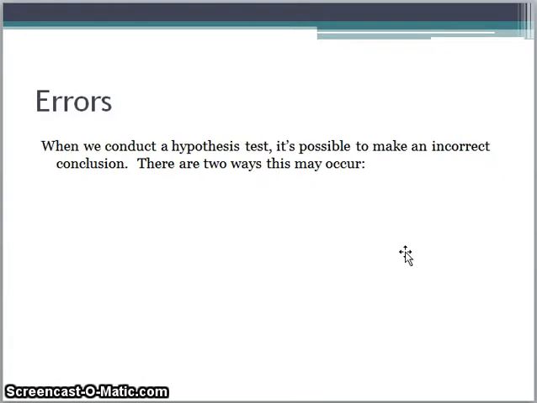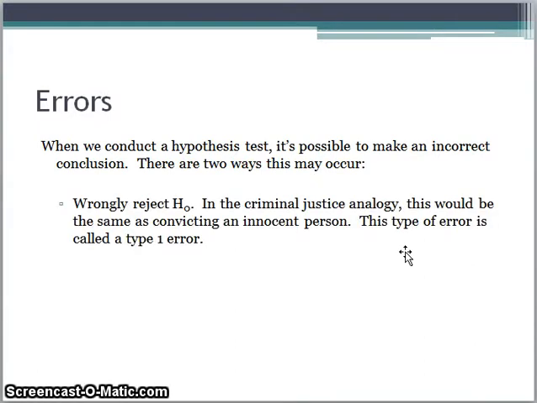Let's talk briefly about some errors. When you conduct a hypothesis test, it's possible to make an incorrect conclusion. And there are two ways this can happen. You can wrongly reject H0. If you look at the criminal justice analogy, that's going to be convicting an innocent person.